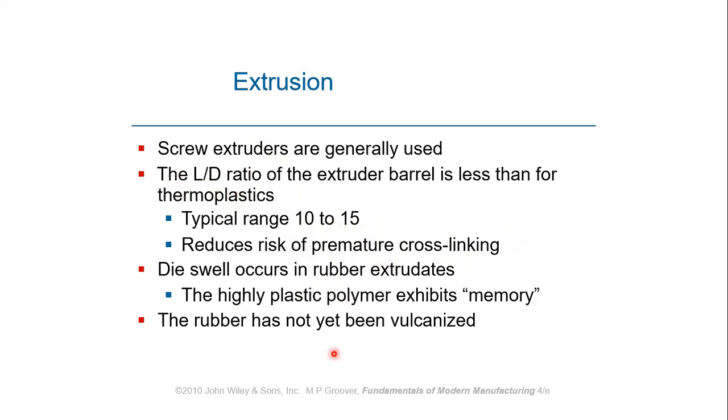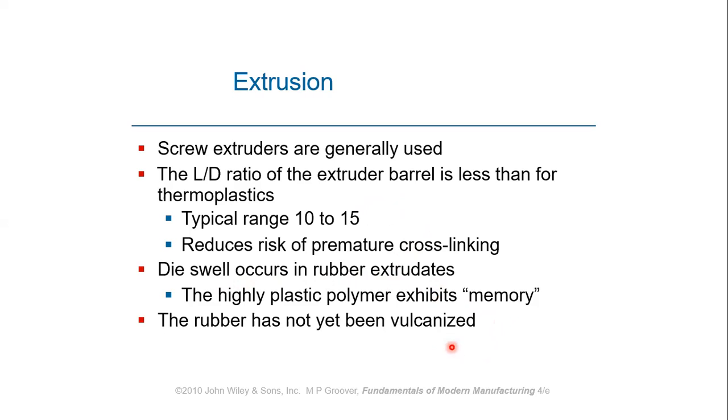And there is another important thing: similar to plastics, die swelling occurs when the rubber products come out of the extrusion die. It expands, and that expansion has to be taken care of. When you design the die, you have to consider how much expansion occurs after getting out of the die.